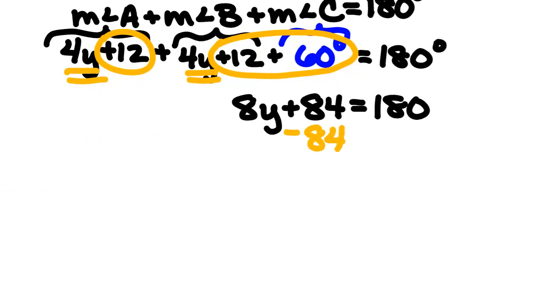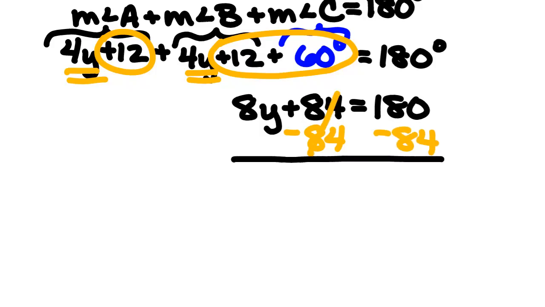I'm going to subtract 84 from both sides. I get 8y is equal to, what is 180 minus 84? 96.